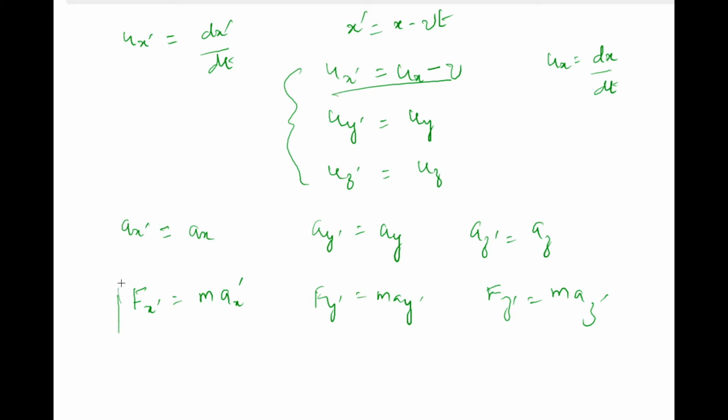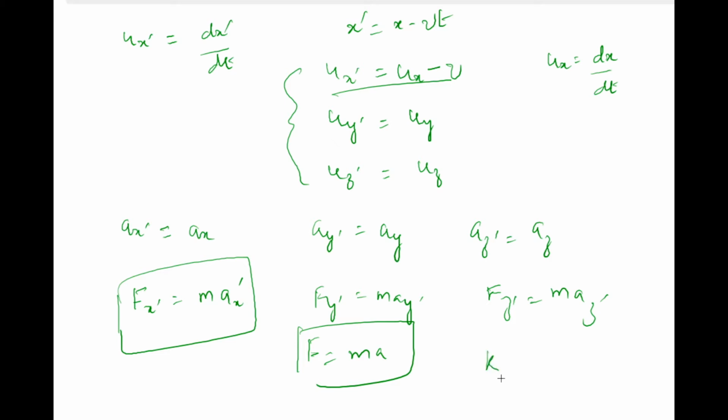Therefore, we are getting the expressions in the K prime coordinates for force as F is equal to ma, which is the same as the expression that we would have in the other frame of reference, let's say K. So Newton's second law is the same in both K and K prime.